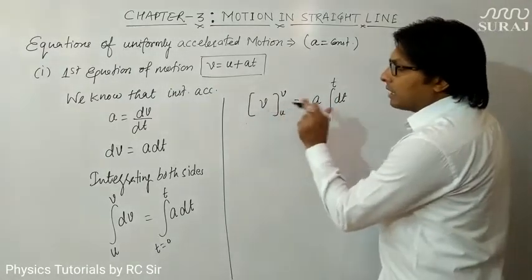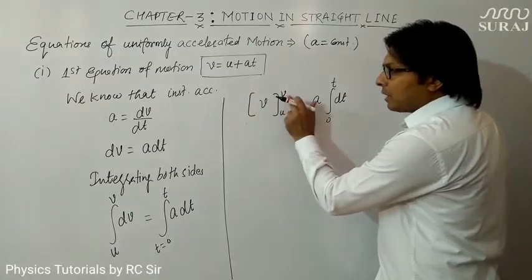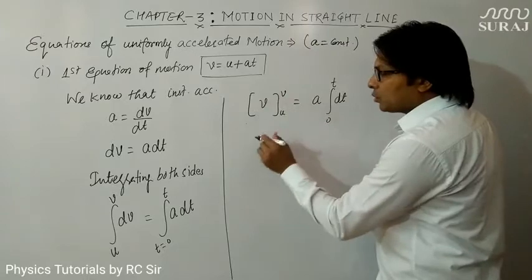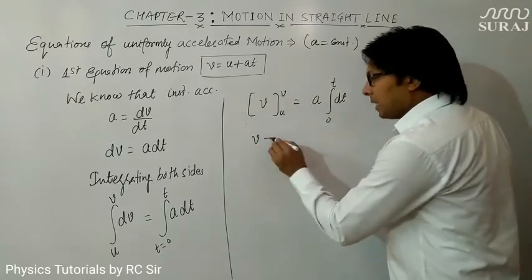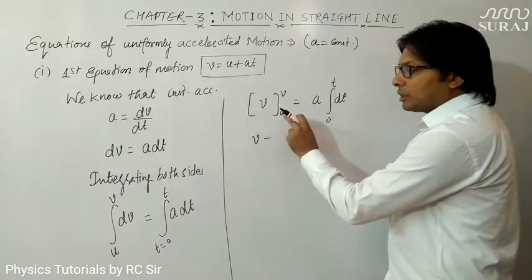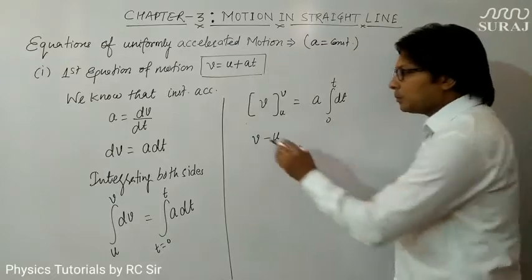While we place the upper limit in place of v, v will remain as it is, minus we put the lower limit in place of v, so it will become minus u.